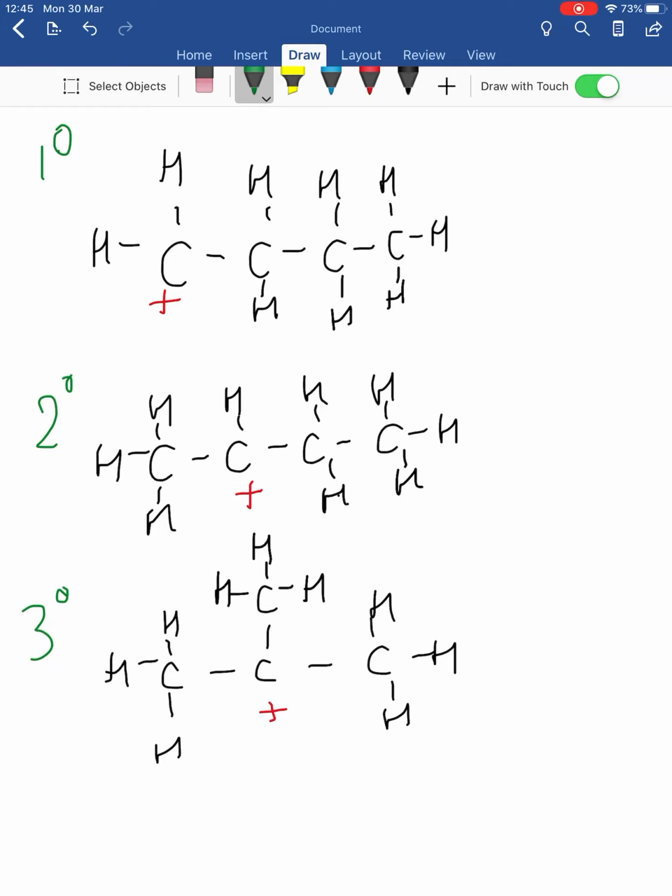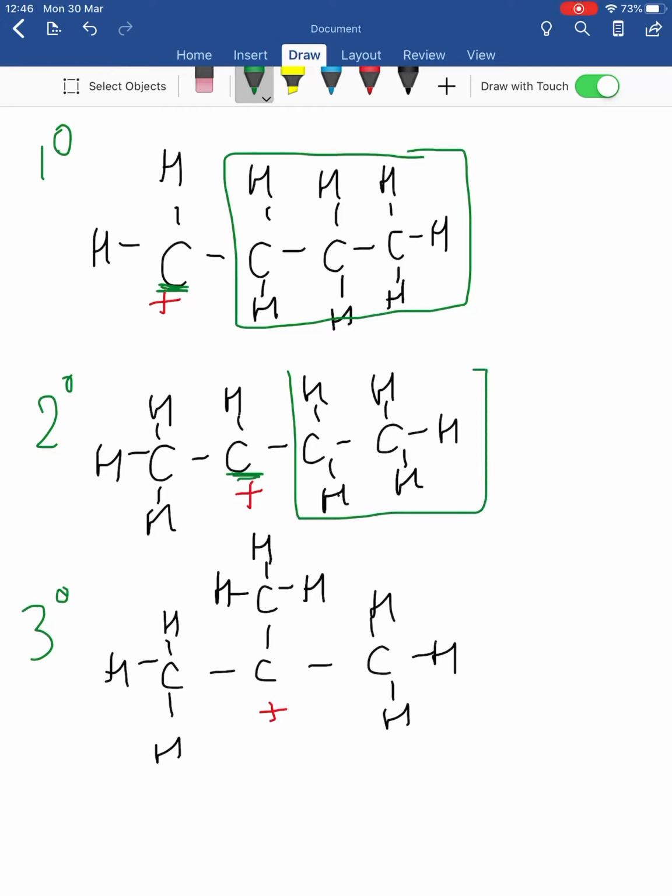If you have a primary carbocation, what that means is this carbon is only bonded to one other alkyl group, so only one other set of carbons. If you have a secondary carbocation, what that means is this carbon, that is the carbocation, is bonded to 2 alkyl groups.